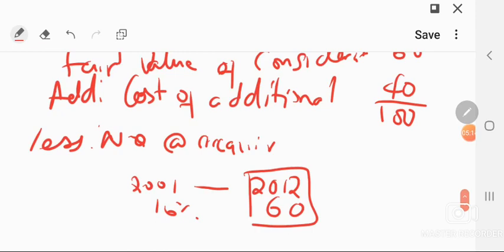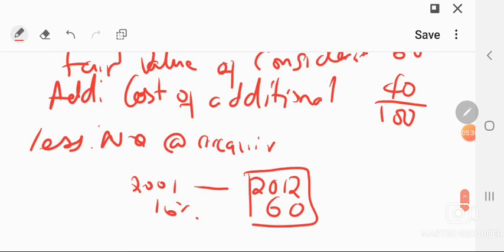You can only consolidate when you have control. Hence, you look at the net assets figures as of 2012 only. That's the catch here. So the proper writing should be the net assets at date of acquisition, the current date of the acquisition of this new control.